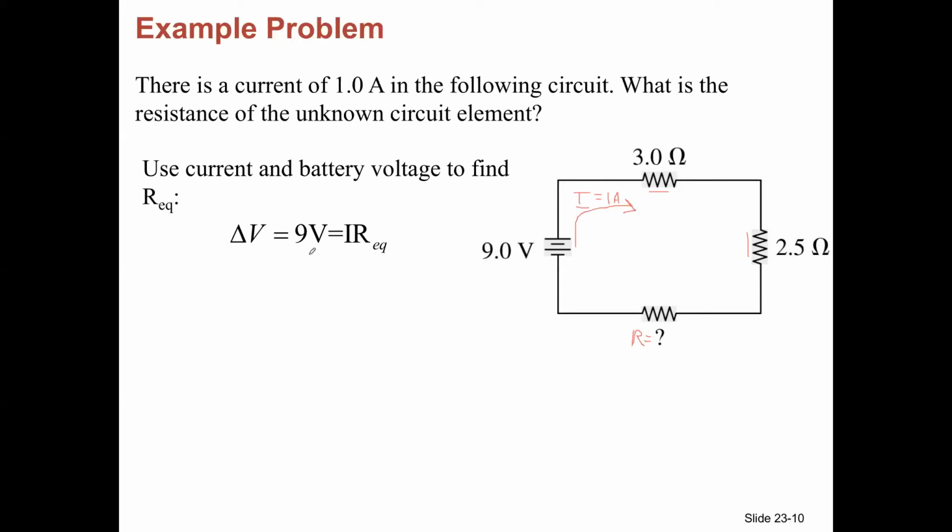So for instance here, we can take all of these resistors and replace them with an equivalent resistance. So we could take this 9-volt battery, and instead of having these 3 resistors here, connect it to just one resistor with the equivalent resistance.